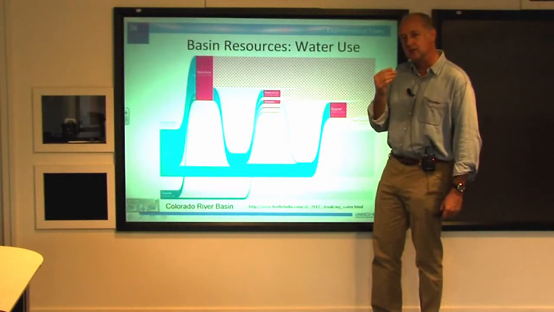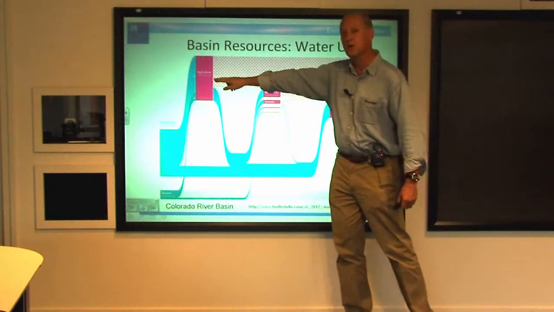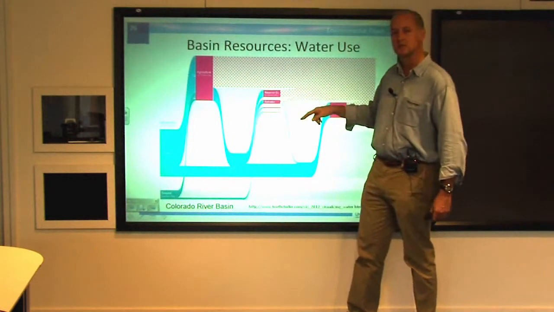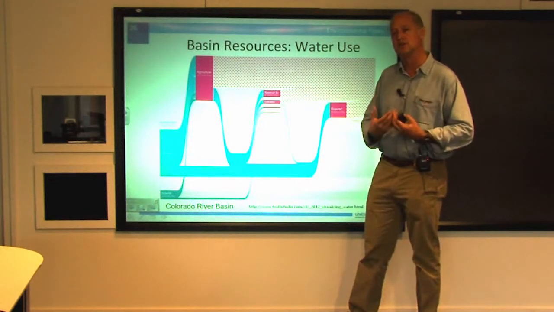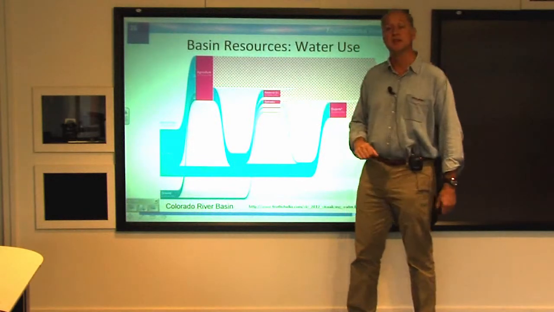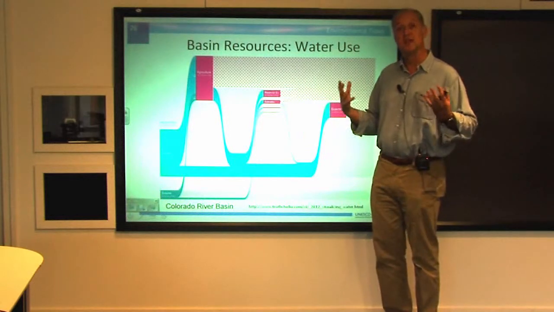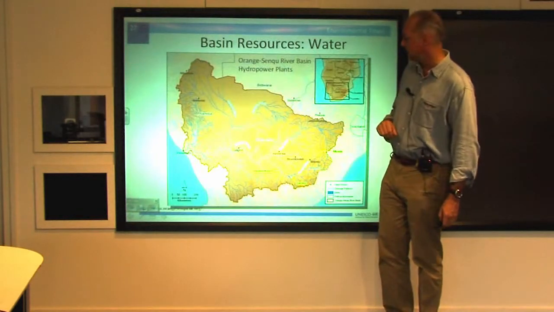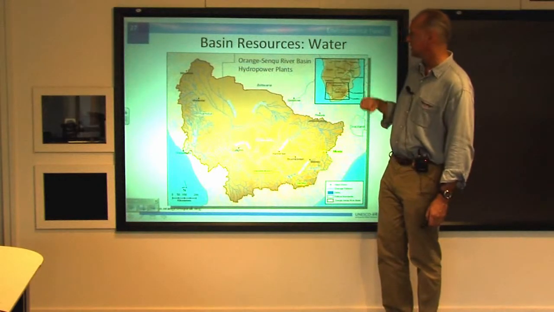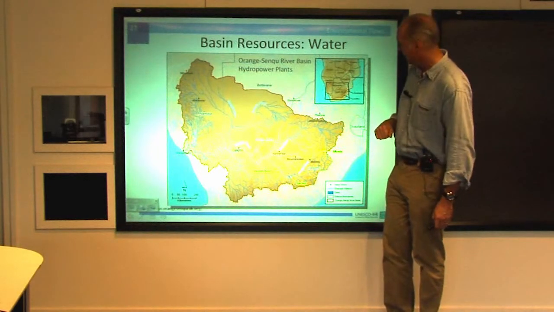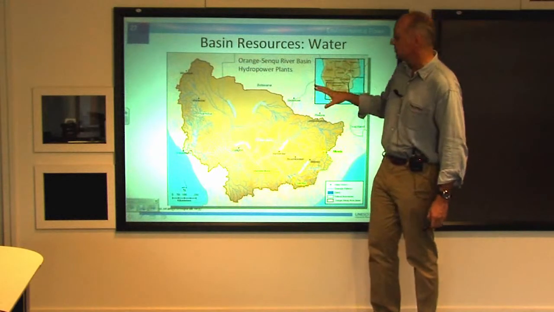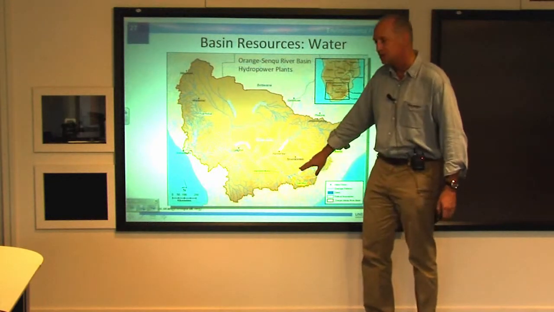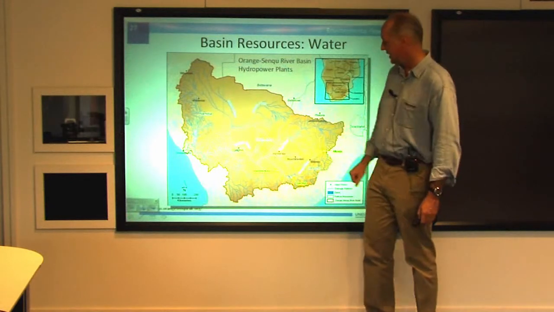So beginning to distinguish between the water users, agriculture, domestic, industrial, electricity, and the proportions of water that each is using is an important set of information that we'll need in order to understand the context of our flow. Returning to the Orange Senqu and turning our attention to structures, we can see that there are also some hydropower plants present.